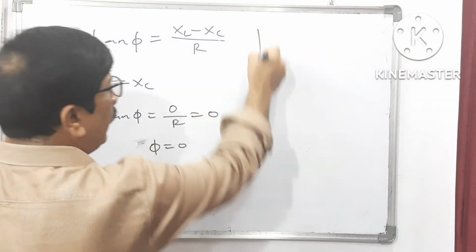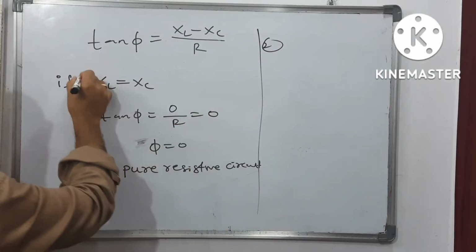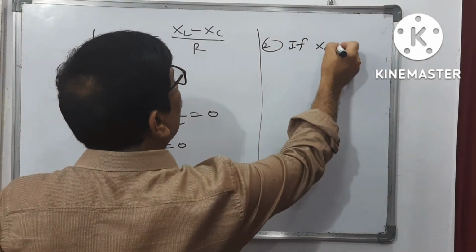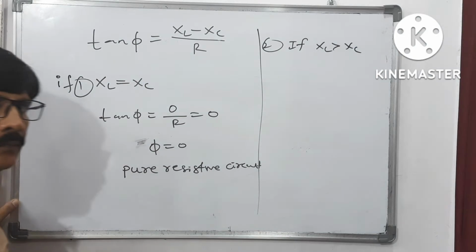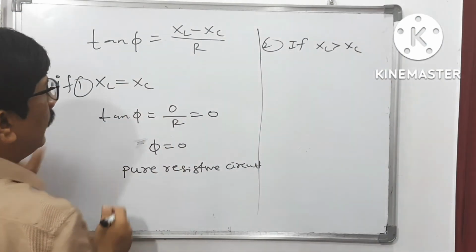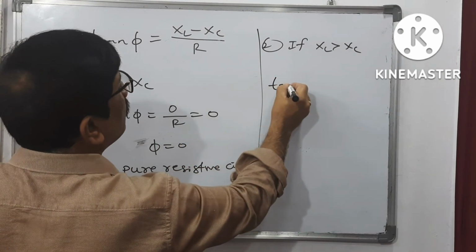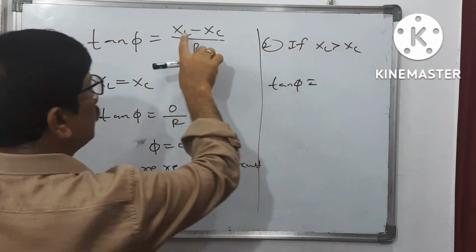This is the first special case. In the second case, if XL is greater than XC, you will get a positive value. So tan phi is positive, since XL is greater.